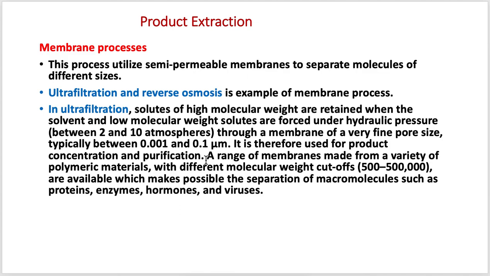After filtration your product will be on top of the filter, and all the molecules smaller than your product will go through the filter. That means you will get a concentrated product. We can also use ultrafiltration to purify our products, for example from bacteria and viruses.